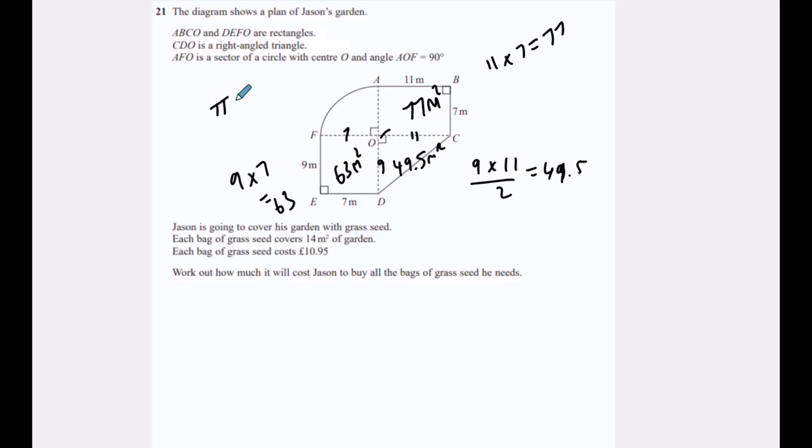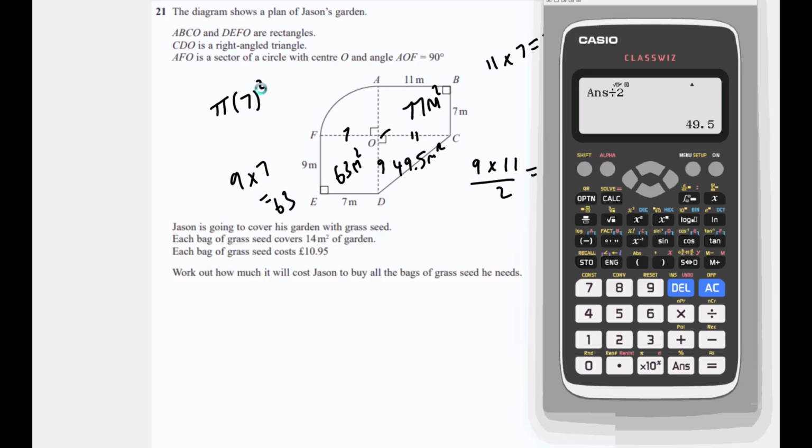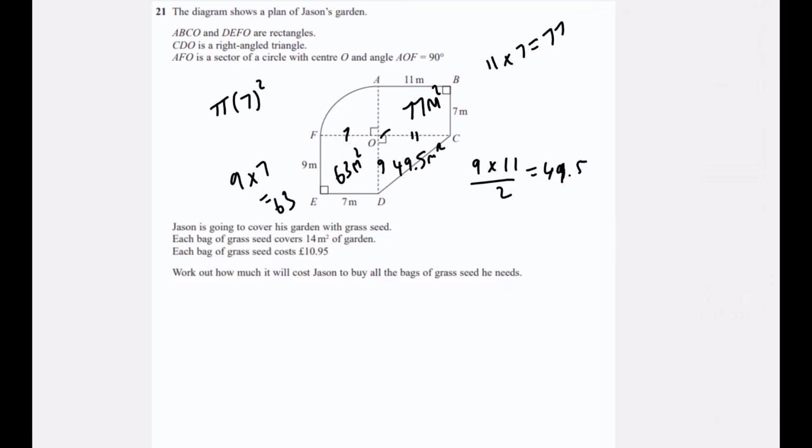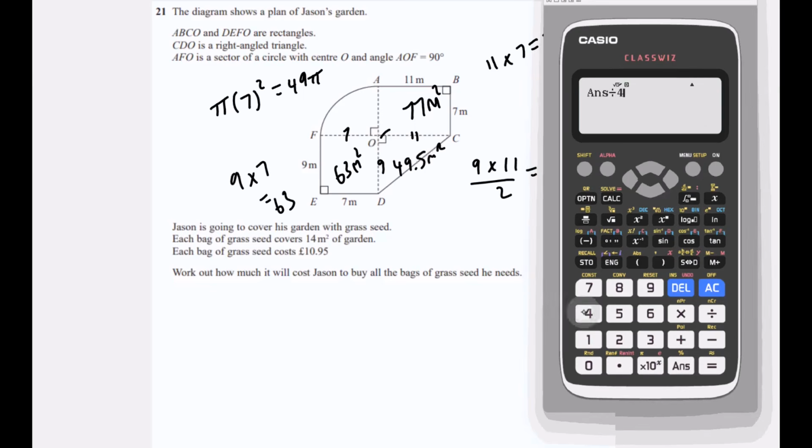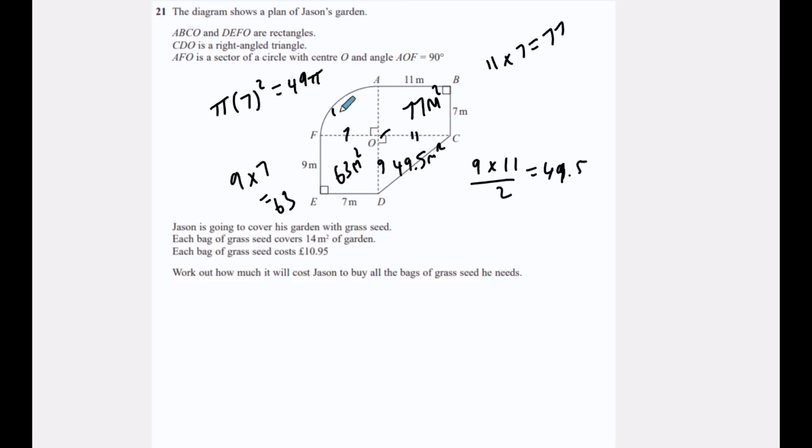So the area of the whole circle is pi r squared, pi times 7 squared. So 49 pi, I'll leave it as 49 pi. We've got a quarter of the circle, so we've got a quarter of the area. So divide it by 4, 49 over 4 pi.